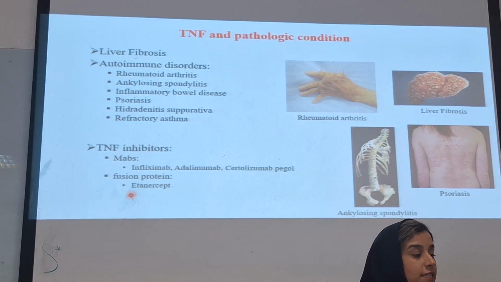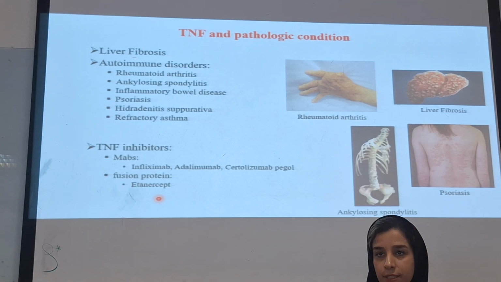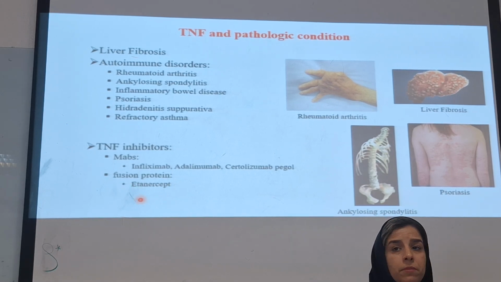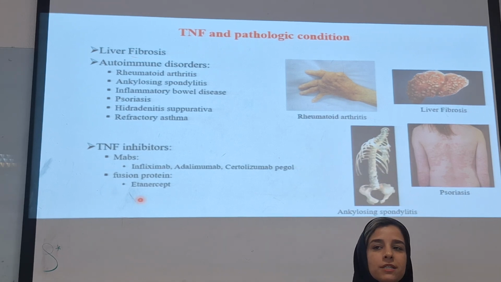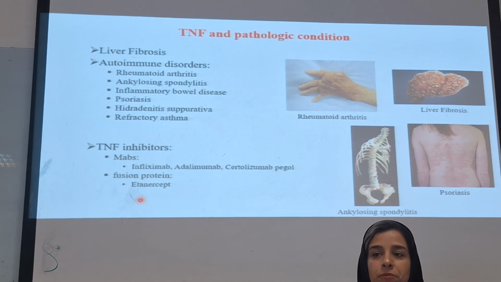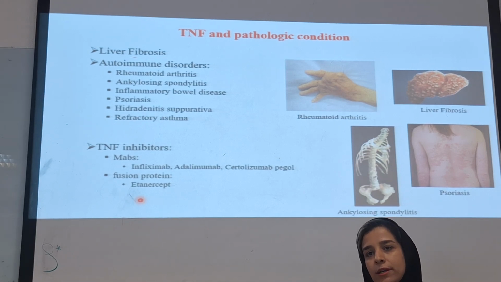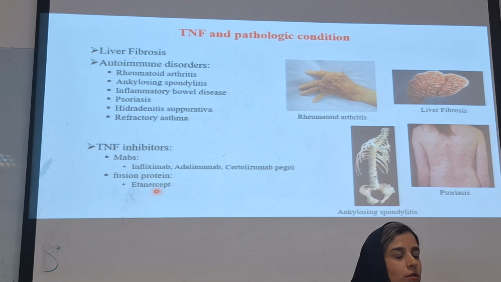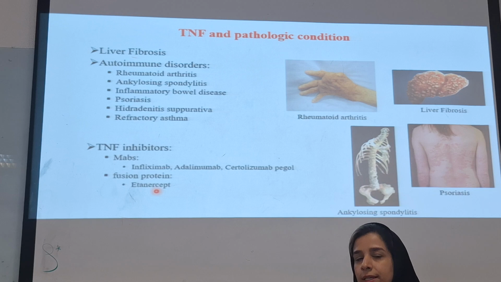But some TNF inhibitors, like fusion proteins such as etanercept, are able to compete with the TNF receptor, because etanercept is a type of TNF receptor but is soluble. Whereas TNF receptors are expressed on the surface of target cells, etanercept is a soluble TNF receptor, commercially available these days.